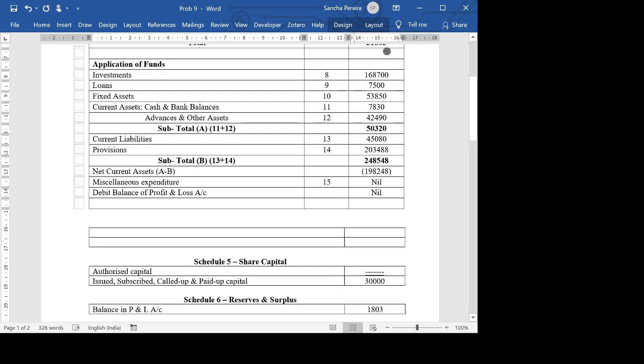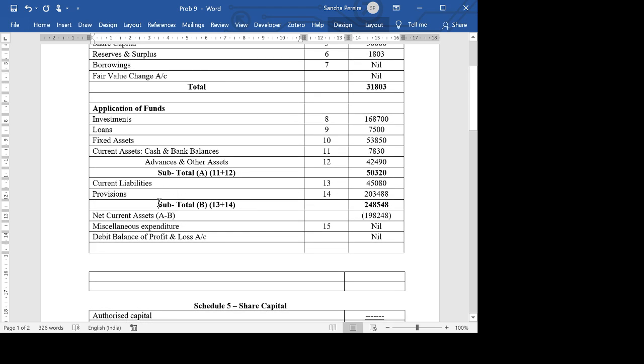What we add here for the total is basically 8 plus 9 plus 10 plus net current assets plus miscellaneous plus 15.